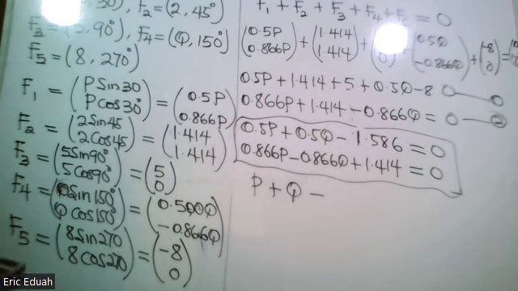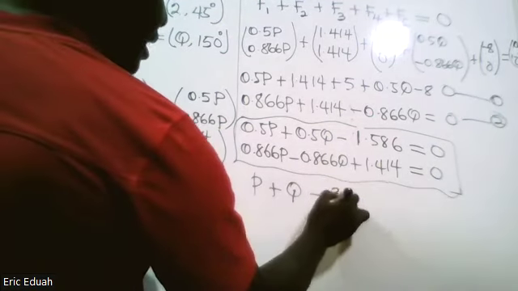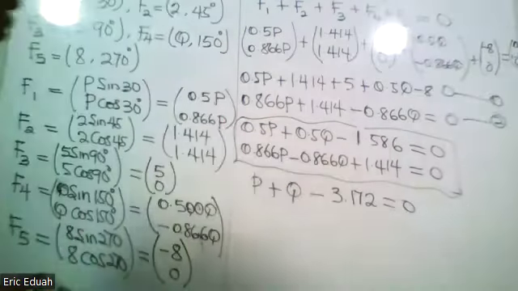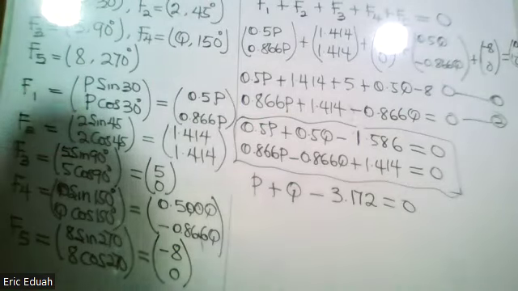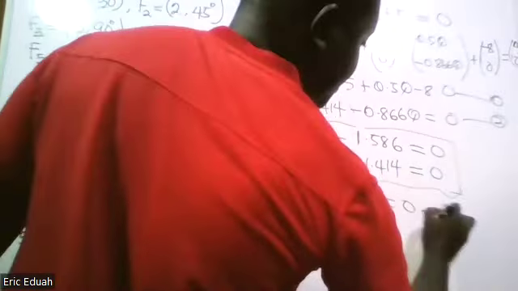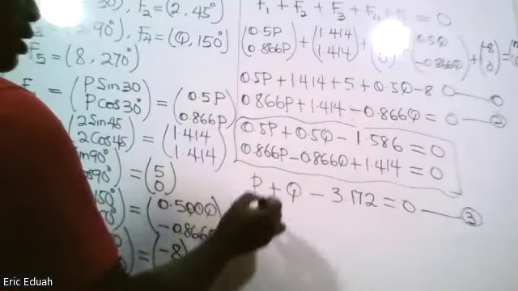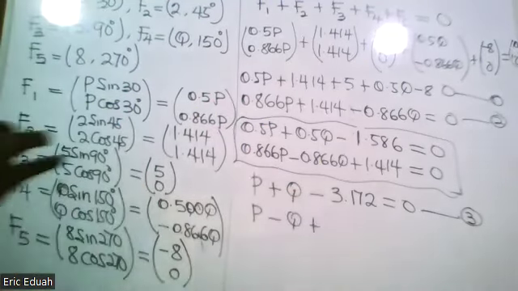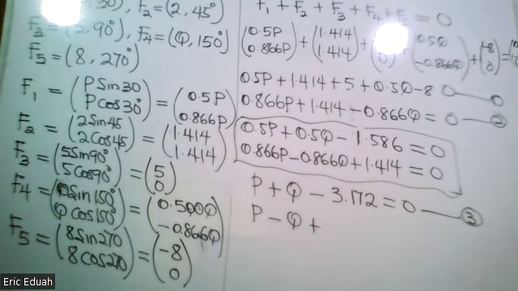And this is minus 3.172 equals 0. Then we also divide through by 0.866. So, let's call this equation 3. We have P minus Q plus 1.414 divided by 0.866.